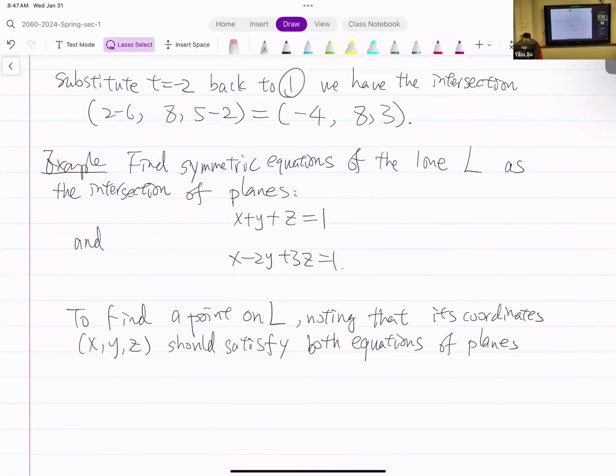So yeah, here I'm just going to copy this system.